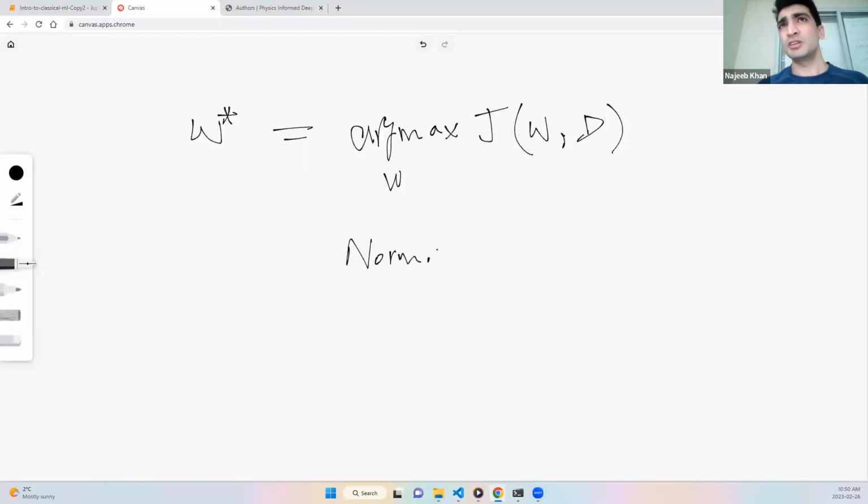In that case, we don't need to use gradient descent. There are other black box optimization methods used for some machine learning problems. But most of the time, since our models are differentiable, gradient descent is the most common or popular method to use for machine learning training.